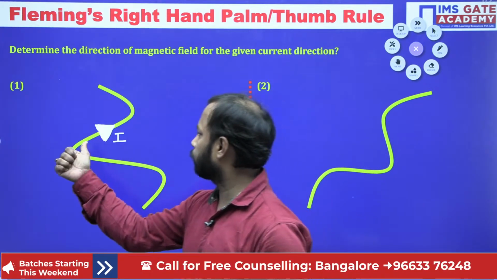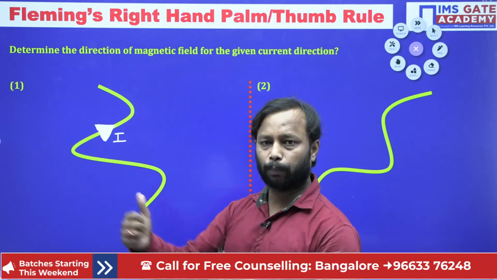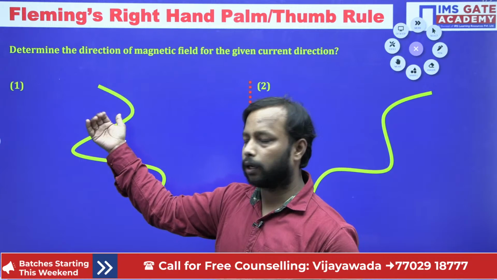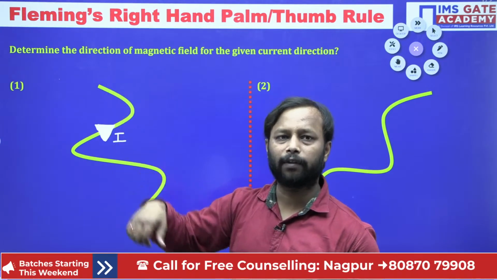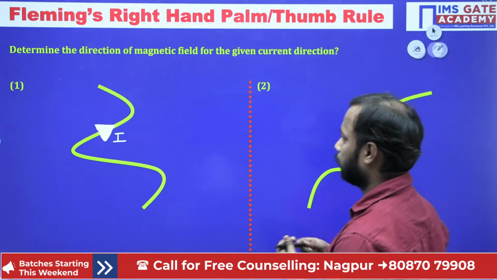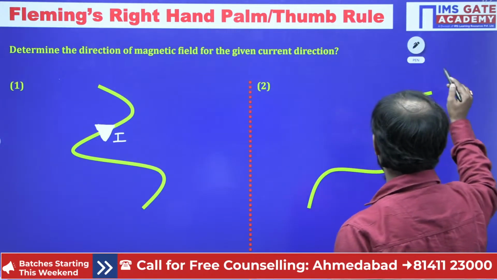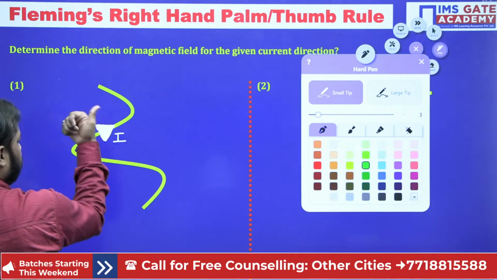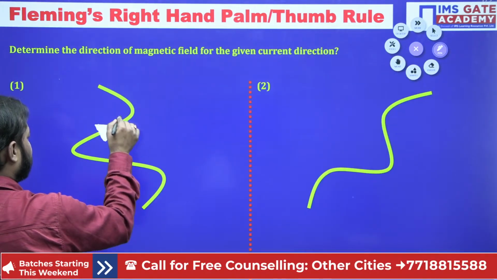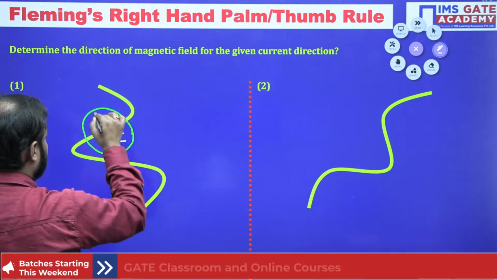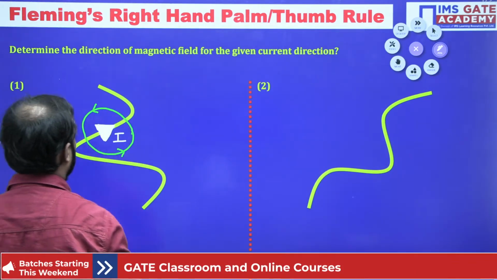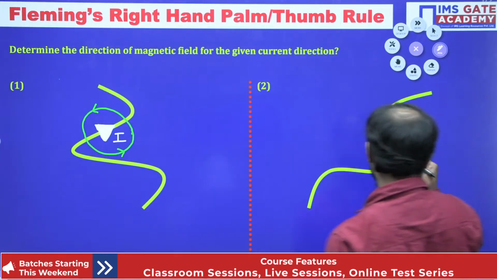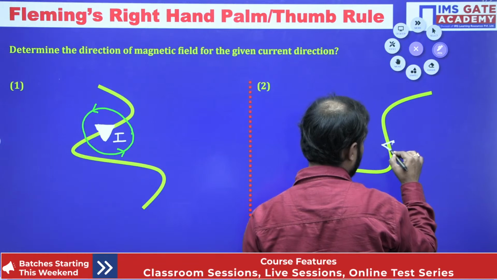See, the direction of current is in this direction. So point your thumb in the direction of current. Then this forefinger will curve in such a direction that it gives the magnetic field direction. So definitely the direction here will be like this. Done. Now in the second part, let us reverse the direction of current.